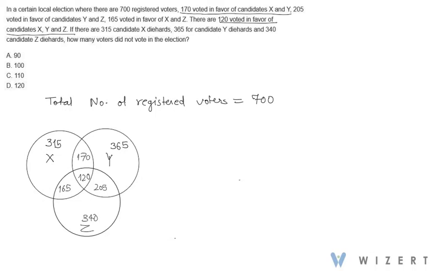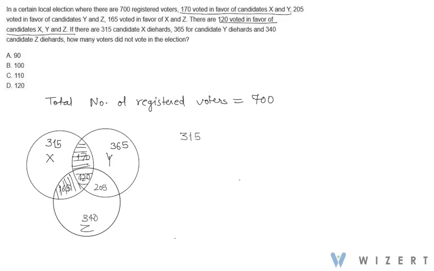Now let's consider X and Y, only these two circles. From that we can say that 315 minus this portion and minus this portion, we'll have to consider Z as well.